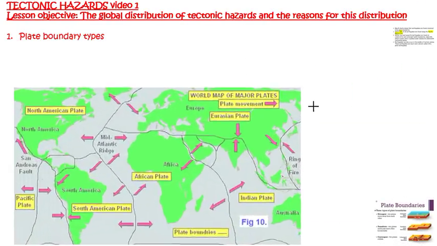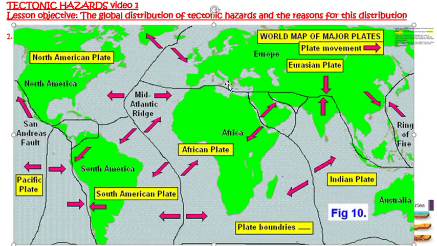Right. If we have a look at a world map of the major tectonic plates, we can see that there's definitely a geographical kind of distribution. So at this plate margin or boundary, you've got clearly a divergent margin because the South American plate is moving away from the African plate all along the mid-Atlantic ridge.